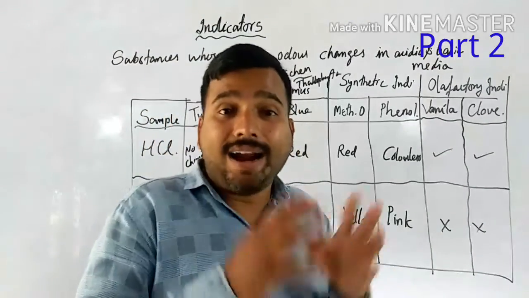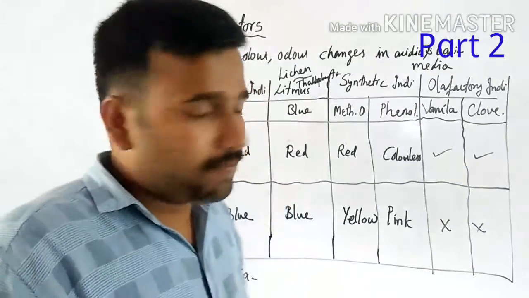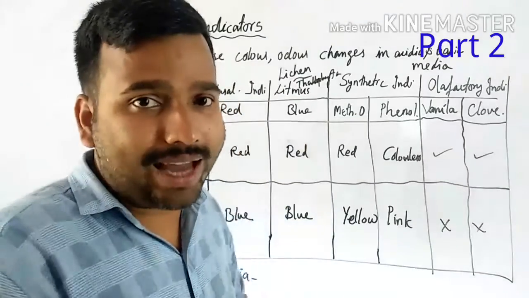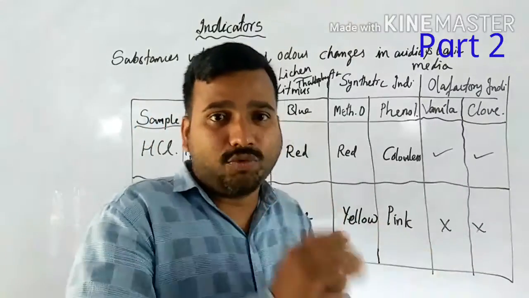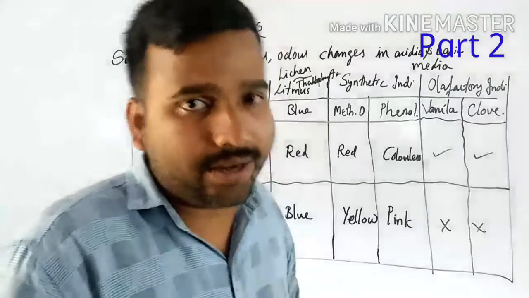So we can understand that soap is basic in nature. Once again, you rinse this stain with a large amount of water, and the soap will get washed away and the yellow color will start appearing again.